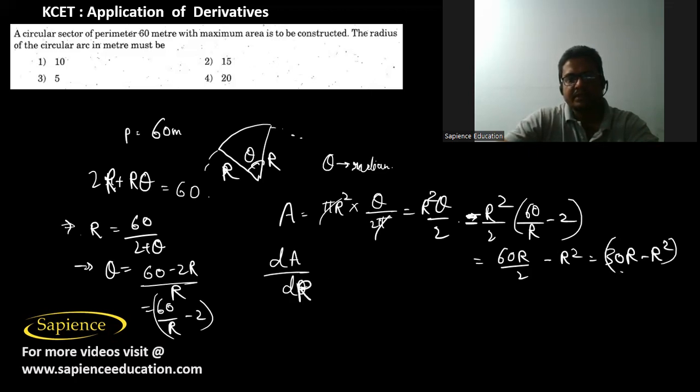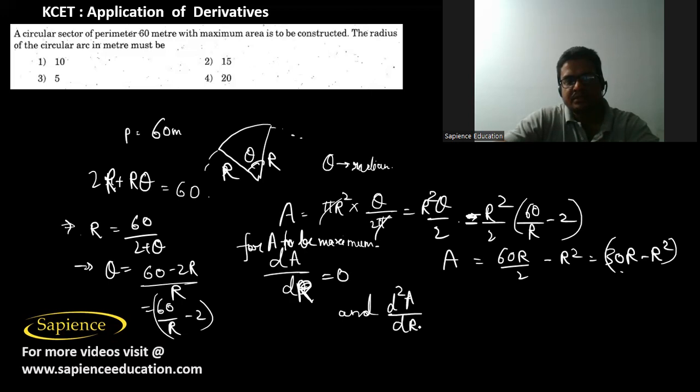So dA by dr should be equal to 0. This area is a function of r. So for area to be maximum, dA by dr should be 0, and d square A by dr square should be less than 0.